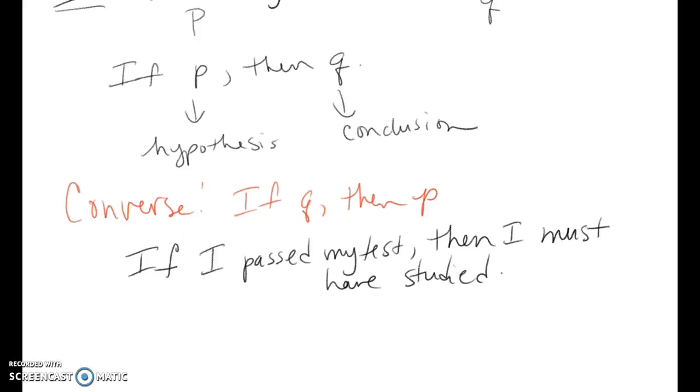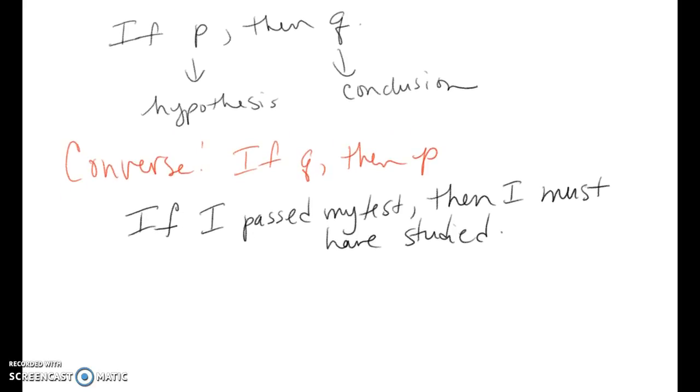So that's the converse. Now, another one that you're going to be asked to do is called the inverse. With the inverse, you go back to the original order of the sentence, but you negate it. Negating it means you're adding this idea of it didn't happen.